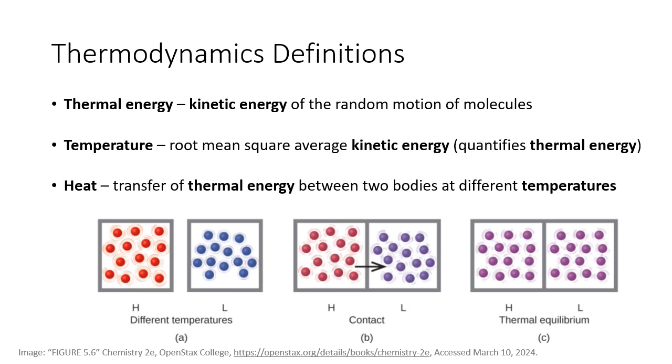As you put them in thermal contact with each other, so that's where you merge those boxes, the hot molecules are going to transfer energy to the low energy molecules. And as that energy transfer takes place, you eventually reach equilibrium where both temperatures on both sides are equal.